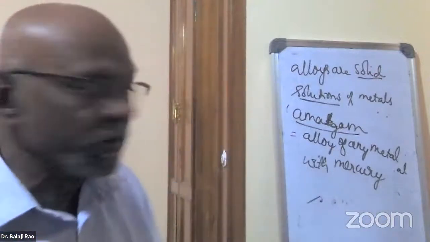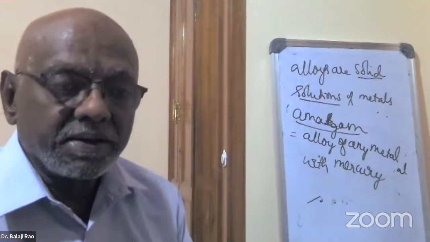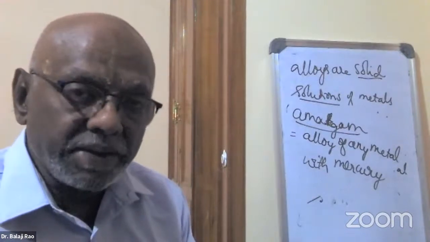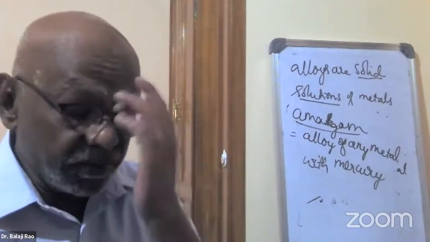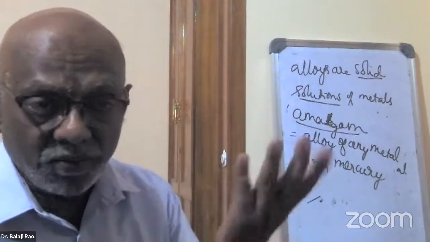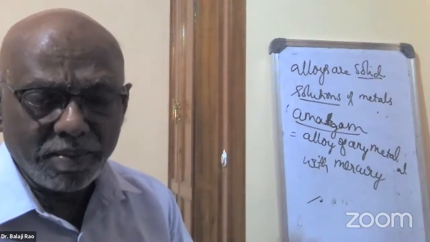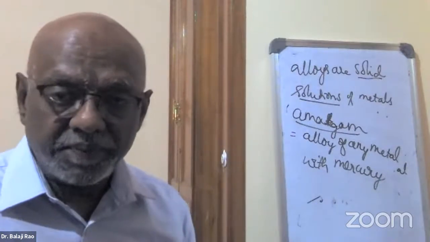And one special variety of the solid solutions would be an amalgam. An amalgam, as you can see, is always a solution of any metal with mercury. So whenever you see mercury in an alloy, you always call it an amalgam. You have gold amalgam, silver amalgam, sodium amalgam. You can have any variety of amalgams possible.